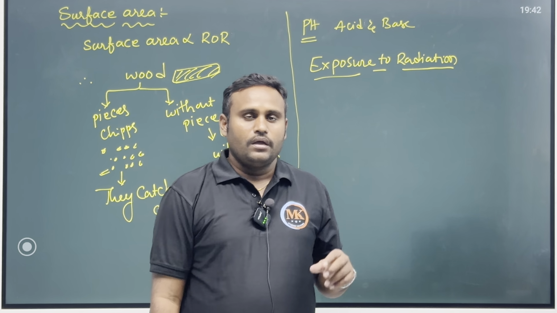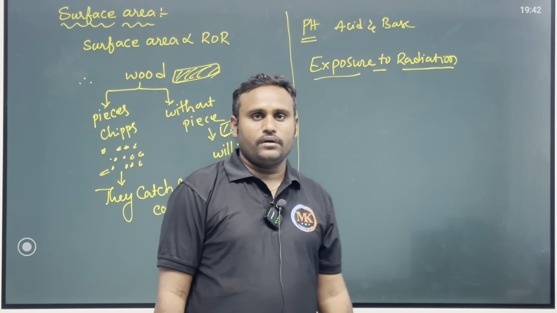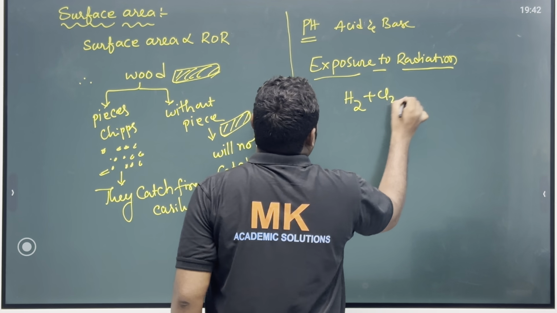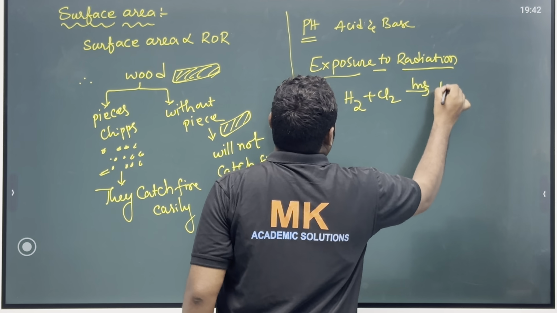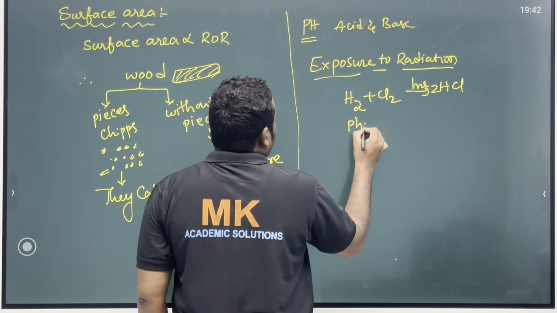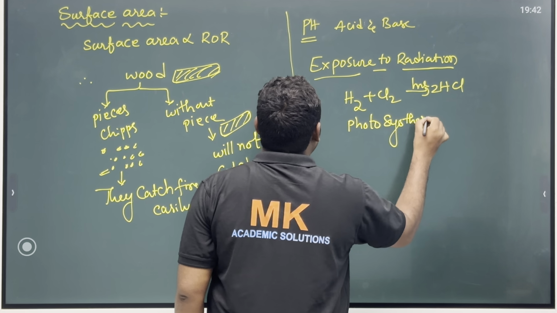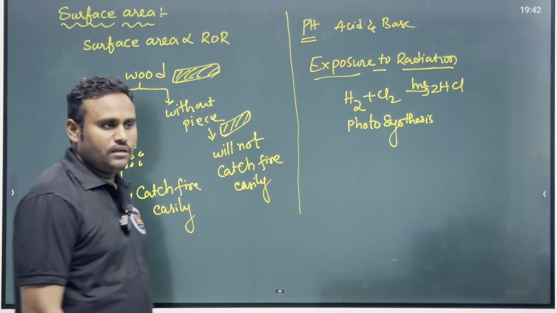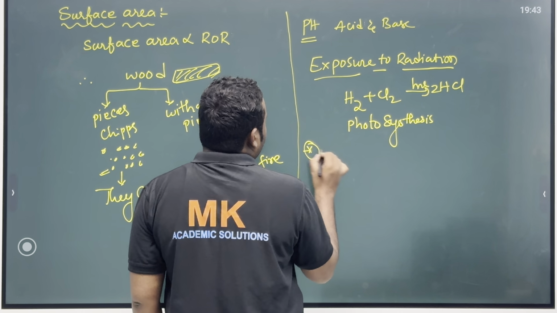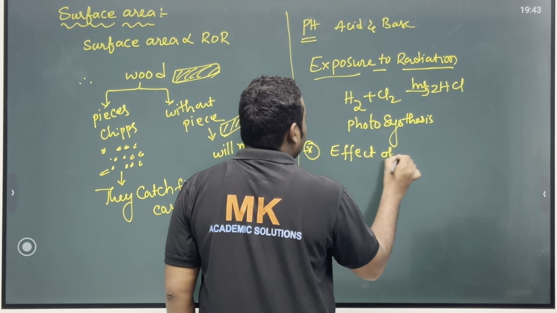And also H2 plus Cl2 combine in the presence of sunlight only and give 2HCl. H2 plus Cl2 in the presence of hν will give 2HCl. And photosynthesis. So all these are light sensitive reactions. And next, effect of electromagnetic field.